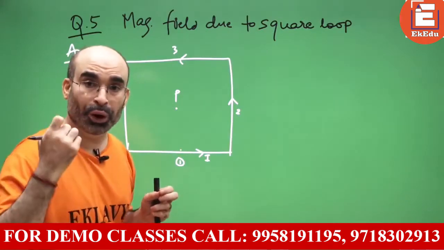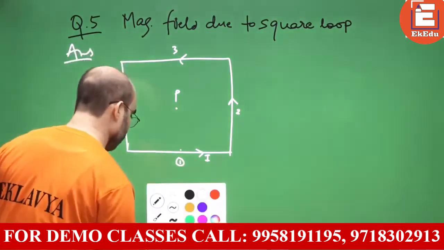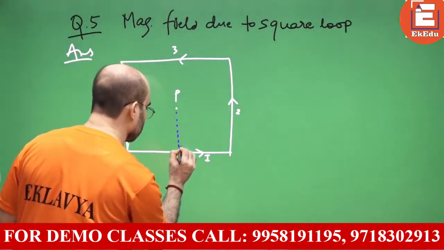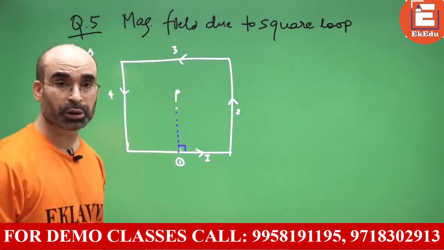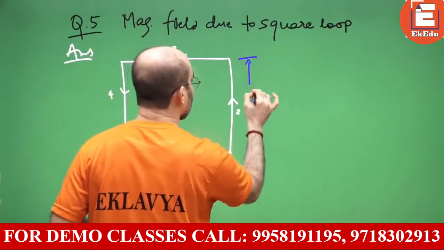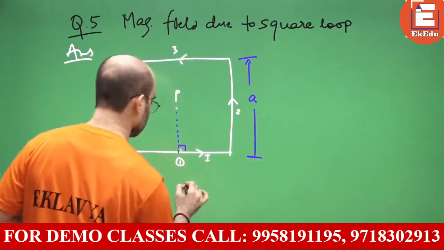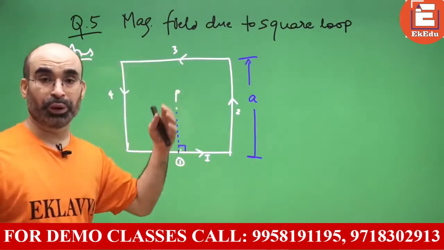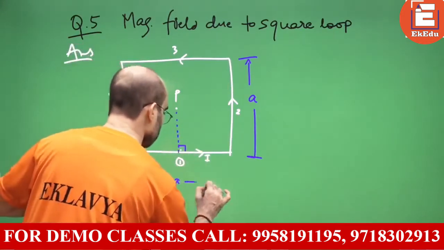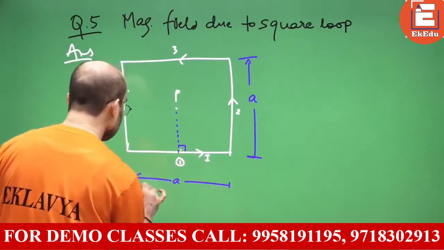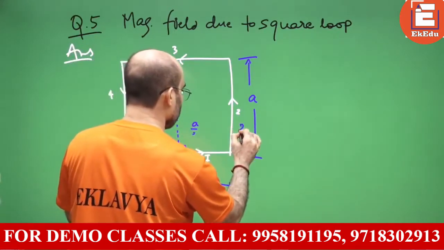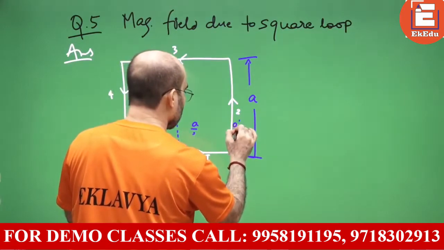We need to work it out in this manner. First of all, we have to figure out the perpendicular distance. If we take a square of side A, then this distance will be A by 2, and this distance will be A by 2.